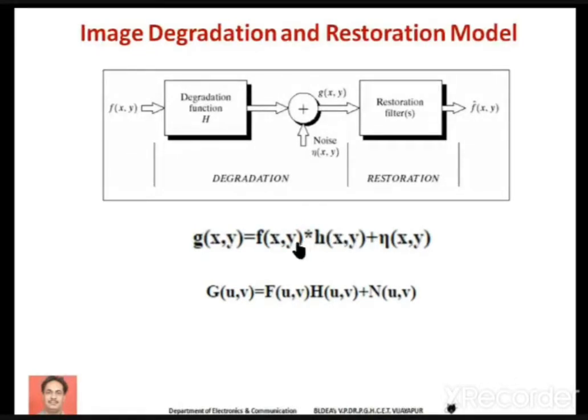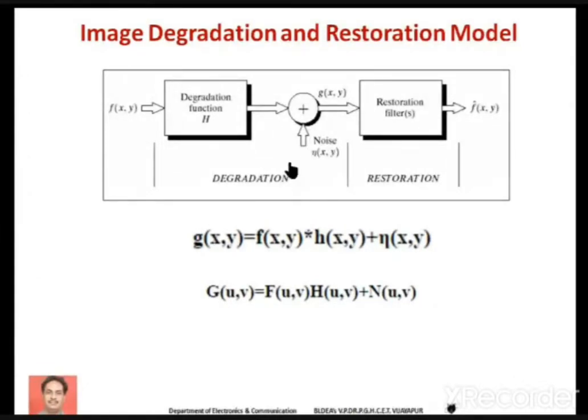That's why we can write the output of the first block as g of xy equal to f of xy convolved with h of xy plus eta of xy. This eta of xy, we call it additive noise. It may be due to channel interference or due to media.